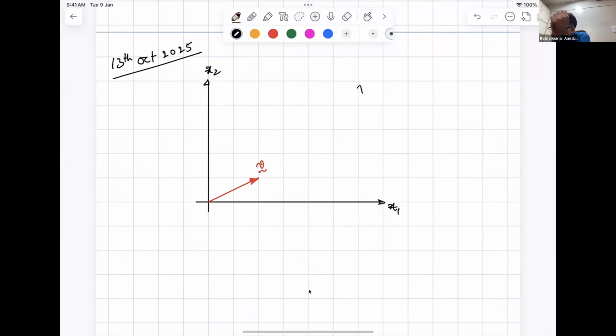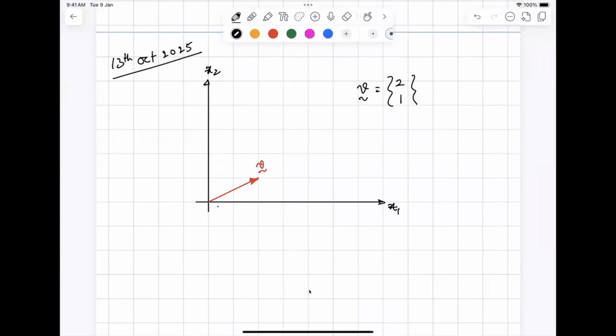Now, if you say each grid point is 1 unit, how will you write this vector v? 2, 1. The projection onto the x-axis is 2, projection onto the y-axis is 1. Very good. So you have 2, 1 as your vector.